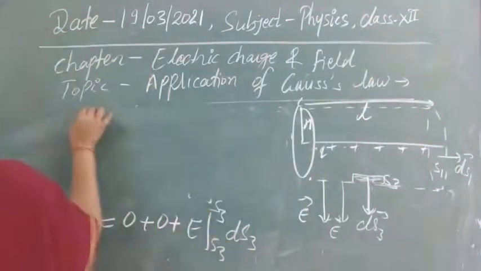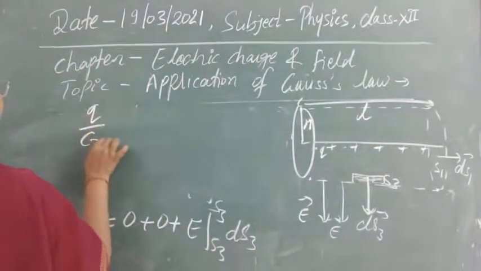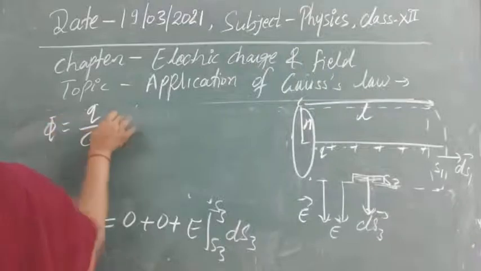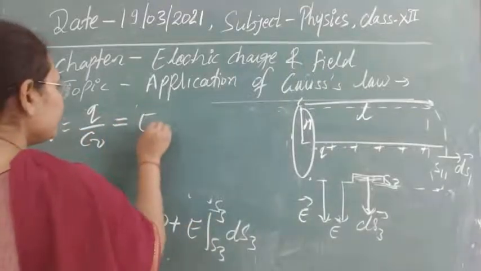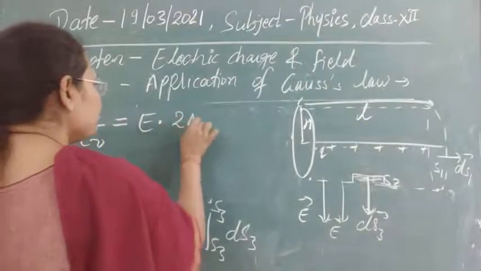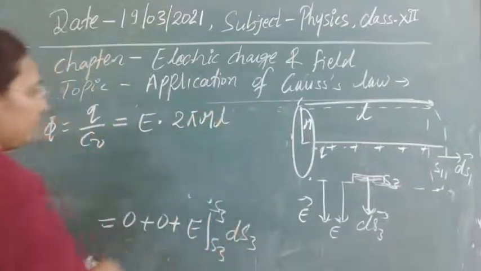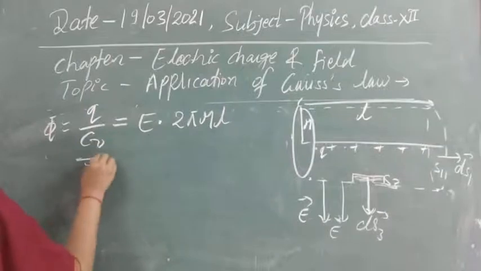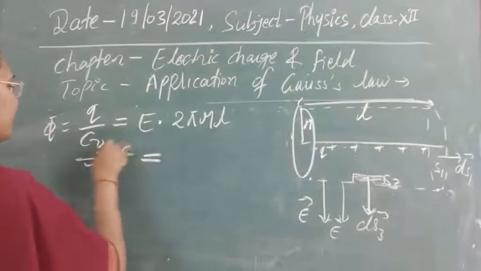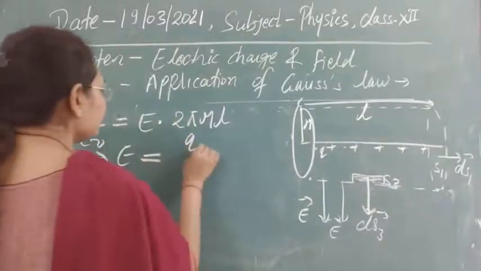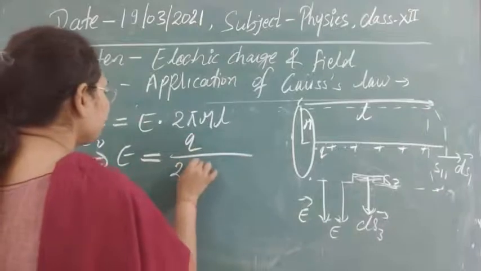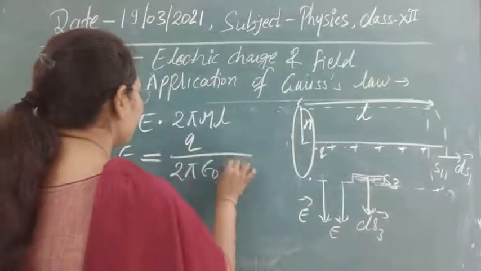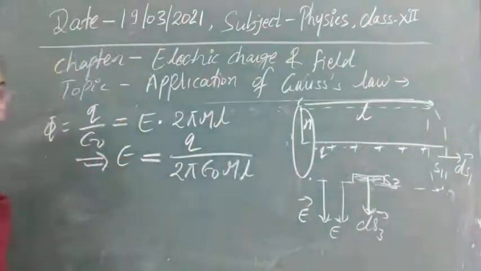So let's write directly here: phi is equal to q by epsilon 0, and this will be E into 2 pi r into l. Now let's solve it and calculate the value of E. After solution, this will be equal to q upon 2 pi epsilon 0 r into l.